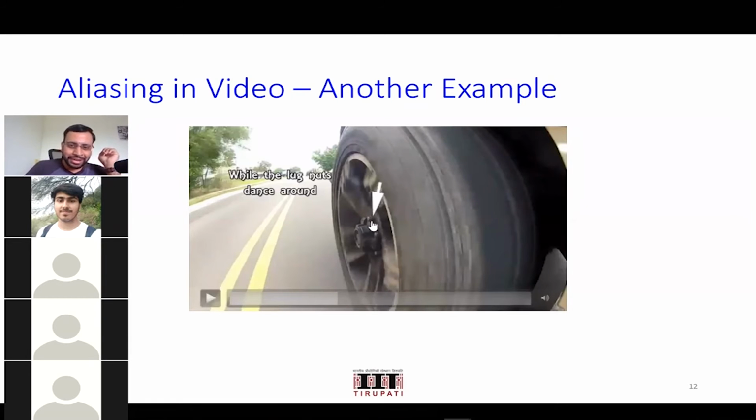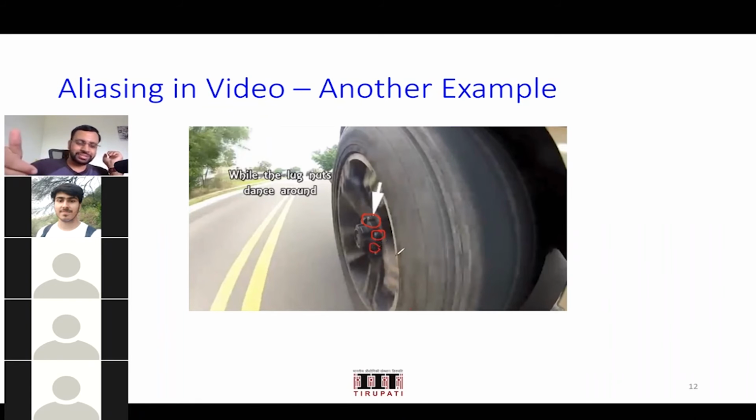The way we interpret whether it is moving forward or backward is you look at this nut. While it is rotating, you don't really know, in the next frame, assuming it is rotating forward, whether this nut got replaced with this nut, or assume that there is one more nut here.